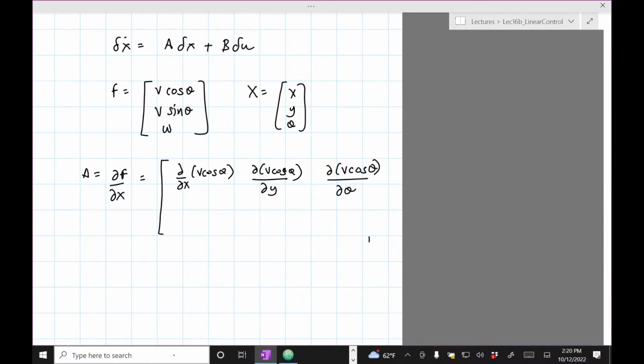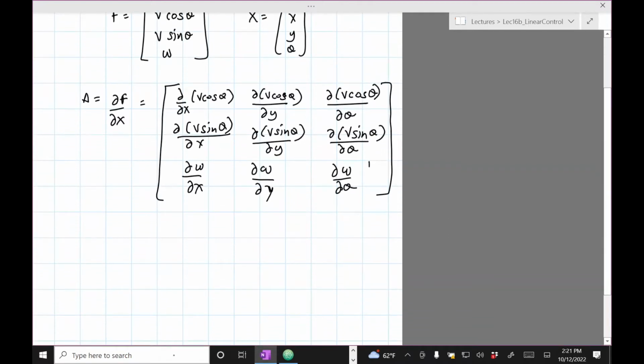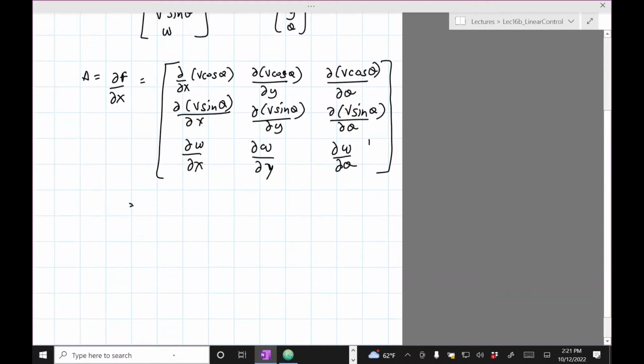Then you take the second row and do the same thing. Now we can write it down much more easily.